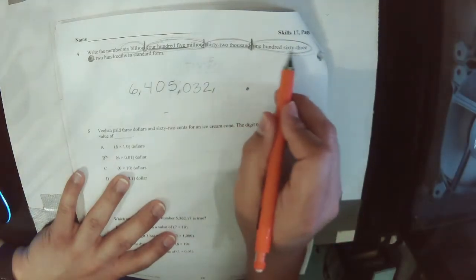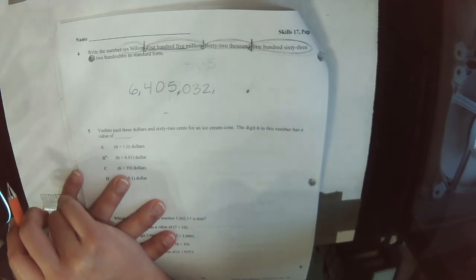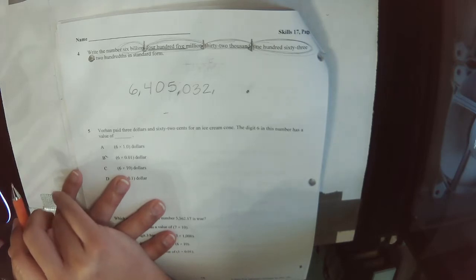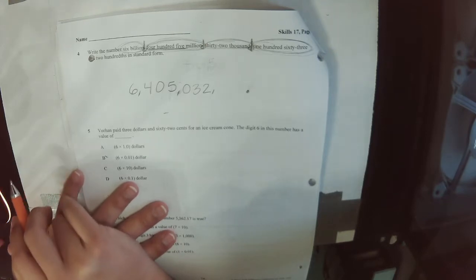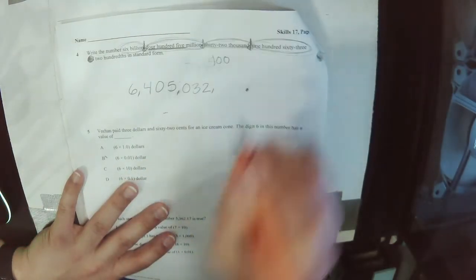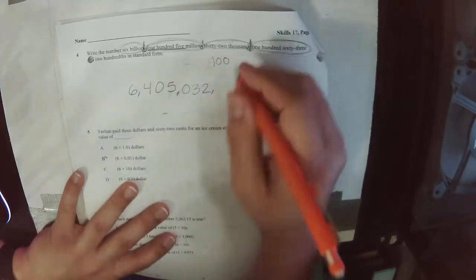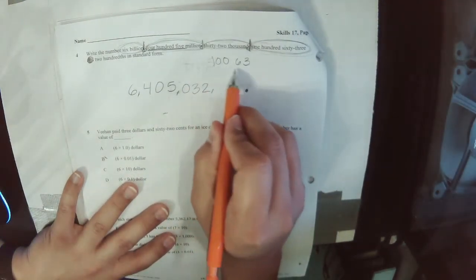What number did they write down right here, Jaylene? $163. Okay. How do I write that number? 163. So do I write it like this?